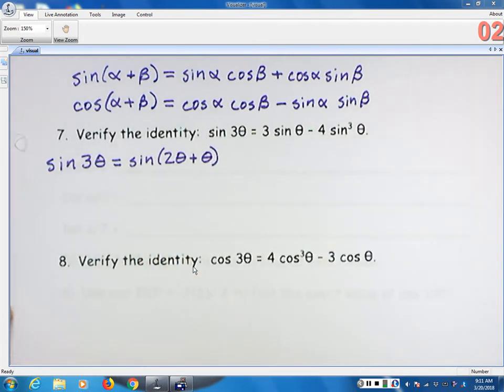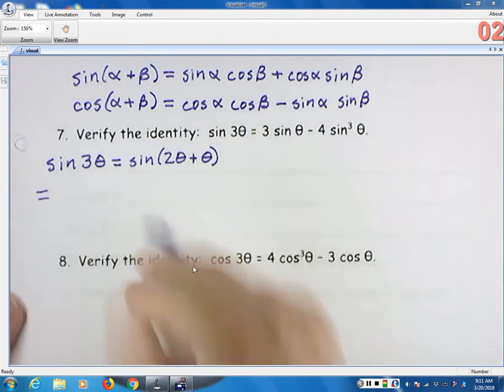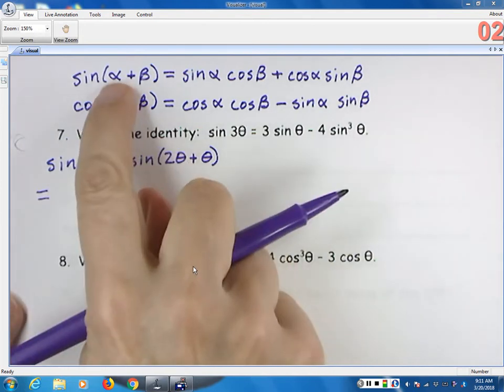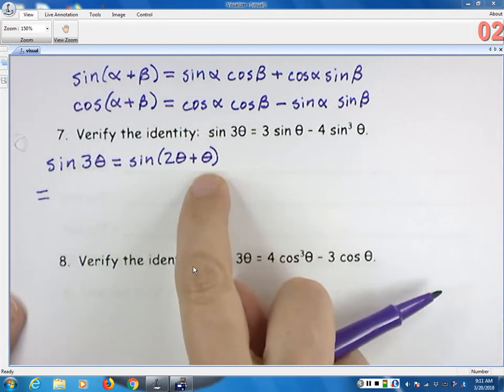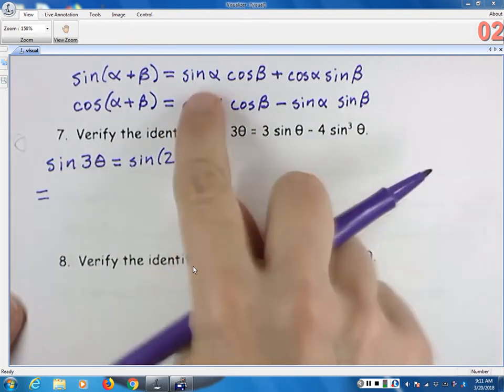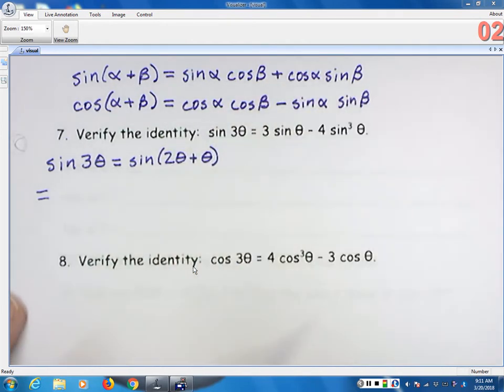Okay? Now, so that equals, I'm using this formula up here. My alpha is going to be 2 theta and my beta is theta. So just going to replace right here.